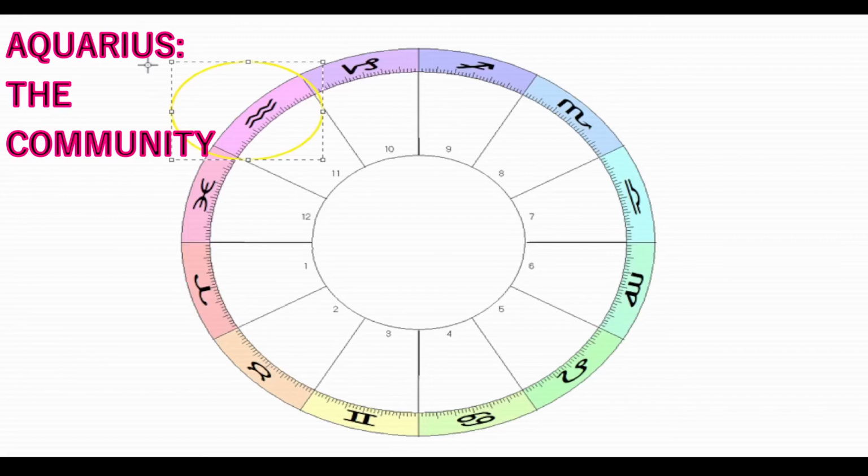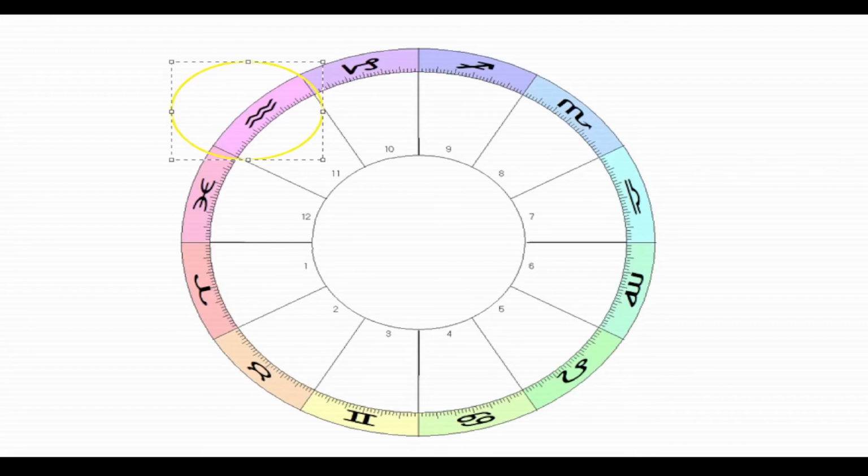Okay, so Aquarius has to do with group, sharing resources, and friendships. It's a social sign. That's really the heart of Aquarius. And of course, I'm really not getting too deep with any of these signs, but this is just trying to give you something to work off of.